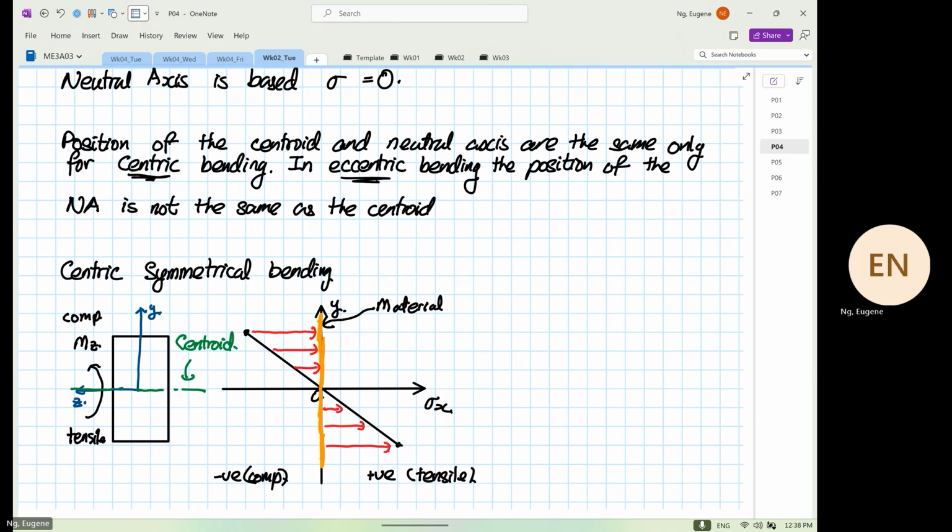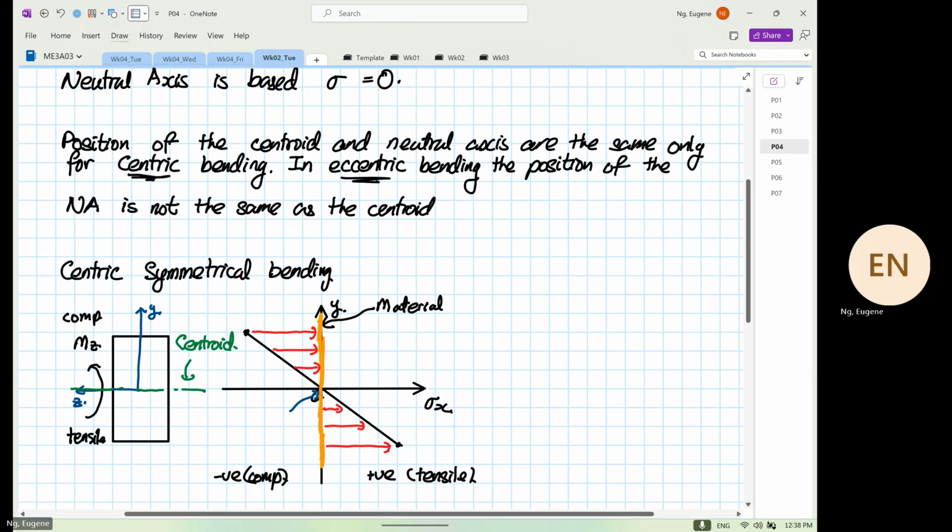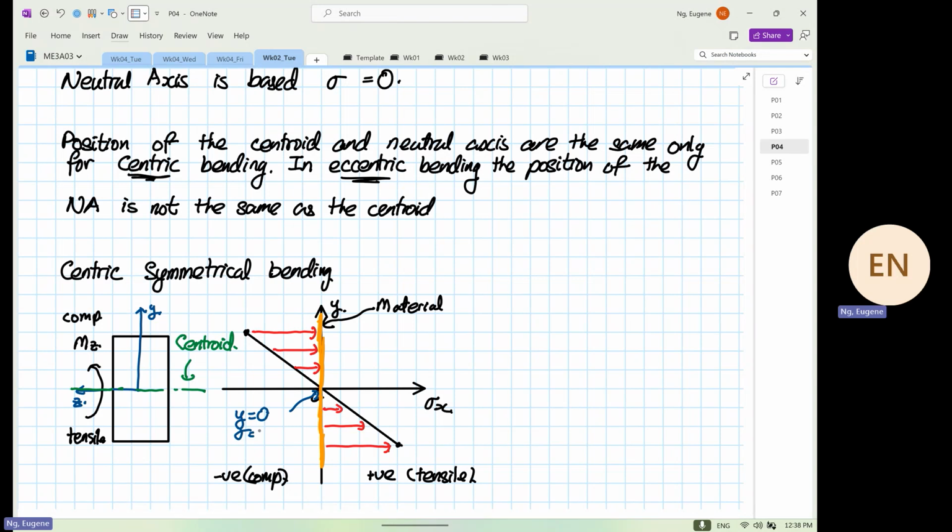So at this instance, I'm going to sketch in green. At this line over here, based on observation, this is the position of the centroid. And then based on the stress field, we know that at this point, Y is equal to 0, stress is equal to 0. This is known as the neutral what? Axis.